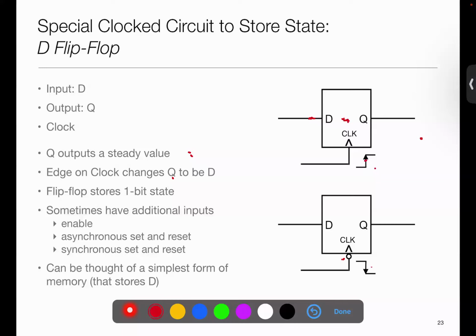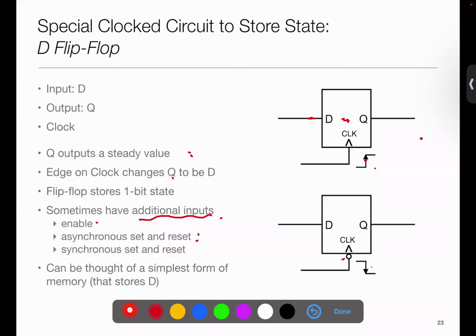Sometimes these have additional inputs. They have an enable, which says whether they are listening to the clock or not. If you look at the flip-flop in Logisim, you would see it has an enable input. If the flip-flop is disabled, it is not affected by the edges on the clock.